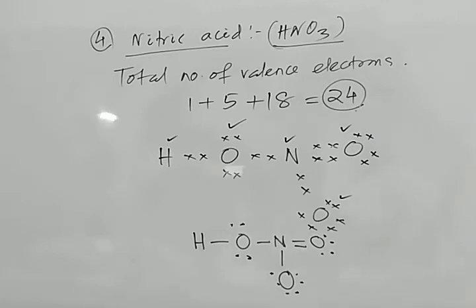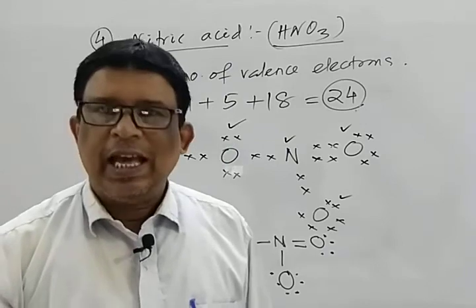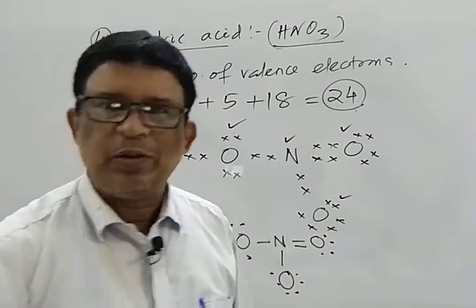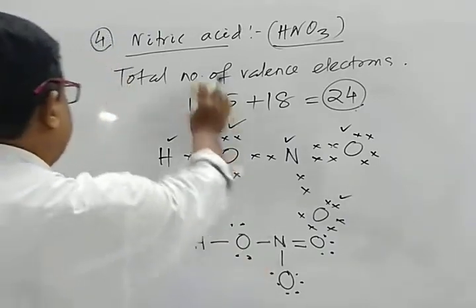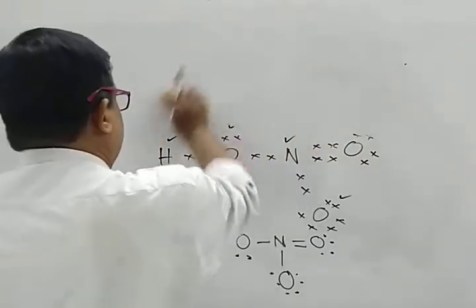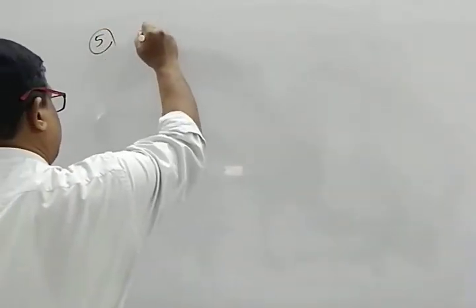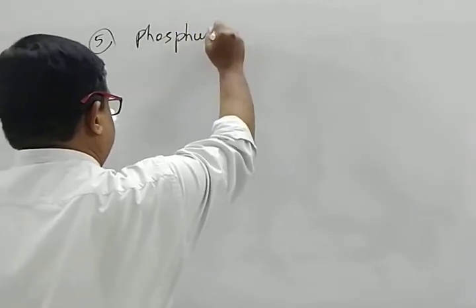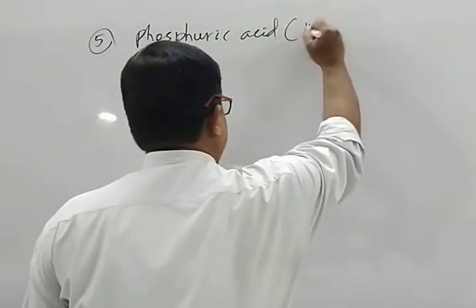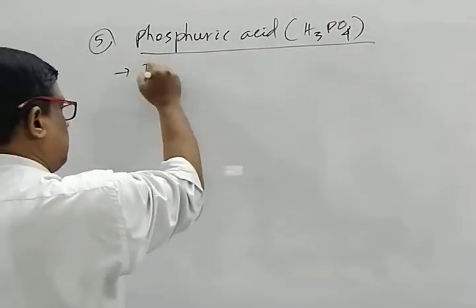Next, we switch over to another example, that is phosphoric acid. What is the formula for phosphoric acid? H3PO4. Good. It is clear? Example 5, phosphoric acid, H3PO4.